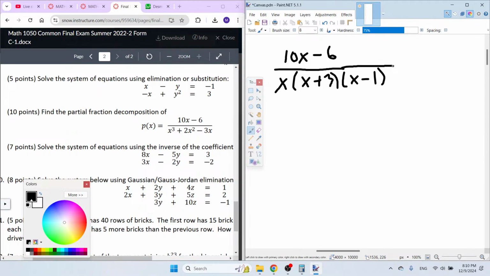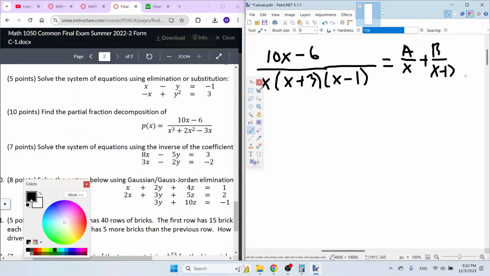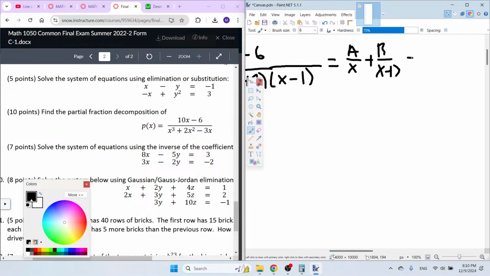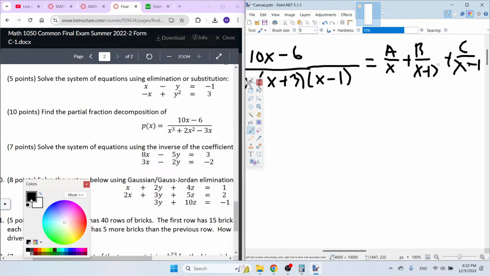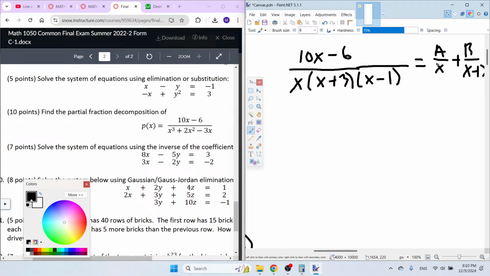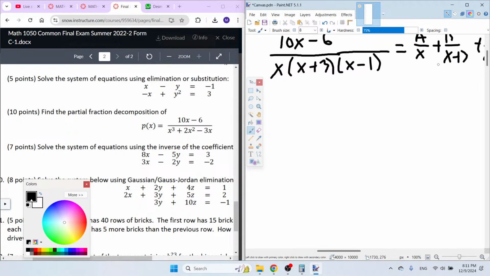After we've factored that, we need to set up the form of our partial fraction decomposition. A over x plus B over x plus 3 plus C over x minus 1. We multiply both sides by our denominator.